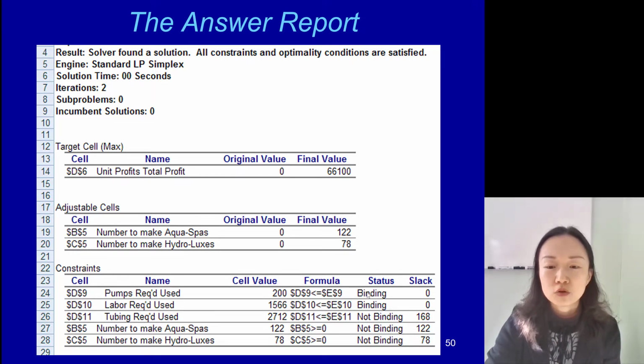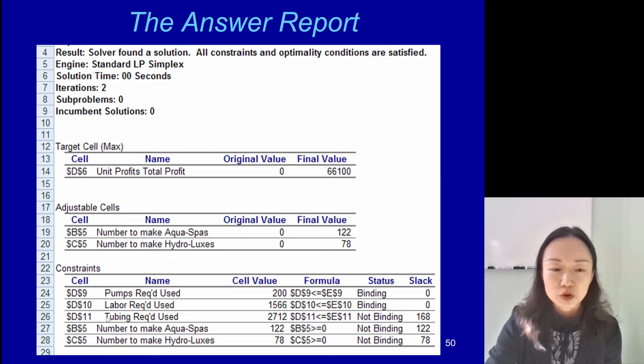Okay, so for those two binding constraints, we have slacks of 0, representing their left-hand side value is the same as their right-hand side value when the model is solved. And then for those non-binding constraints, this is the difference between the left-hand side and right-hand side.